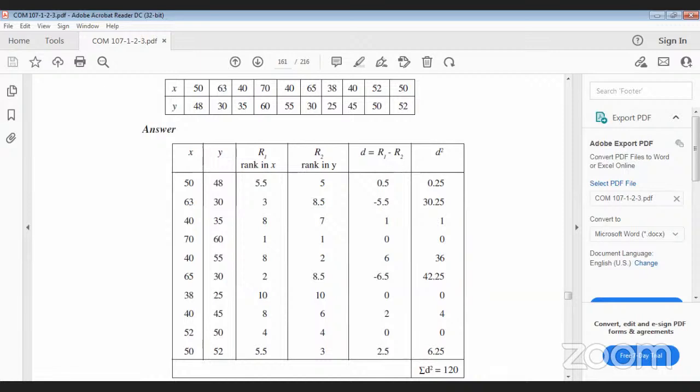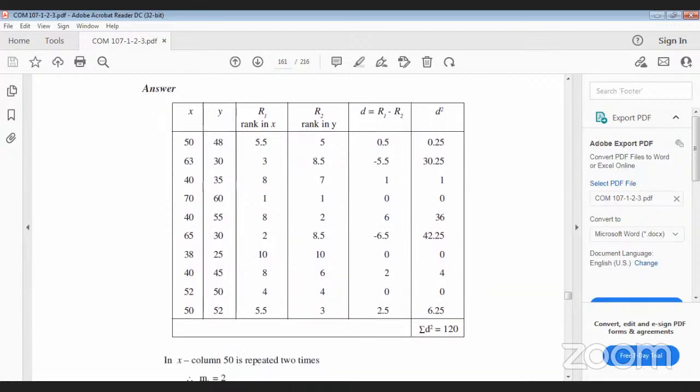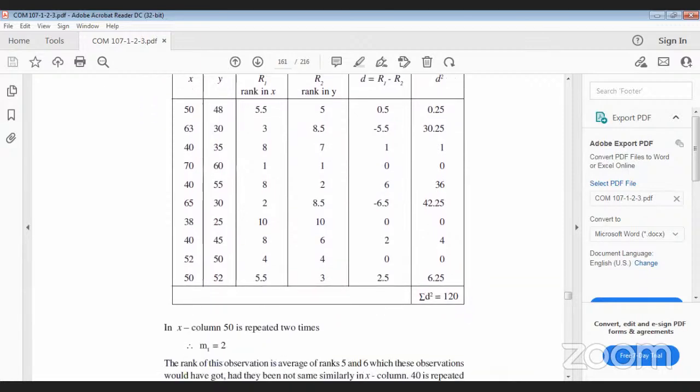Again 0 into 0 is 0, 2 into 2 is 4, 0 into 0 is 0, and 2.5 into 2.5 is 6.25. And we have to make the total of this last column, and the total is 120.